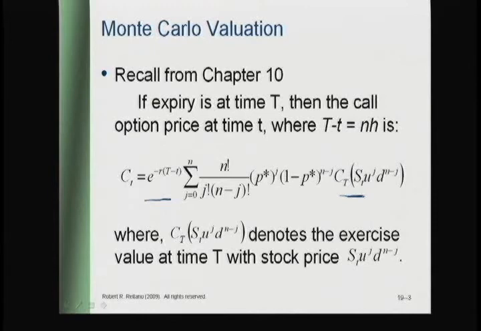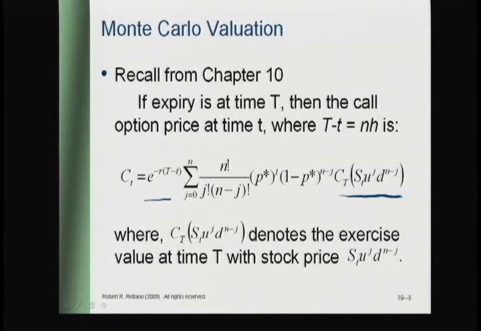We have here the payoff function of the call option at time capital T as a function of the n+1 stock prices that we're assuming can prevail at that time. We have a binomial lattice which at time n steps produces n+1 prices, and those prices follow a simple format depending on how many up and how many down steps we have.